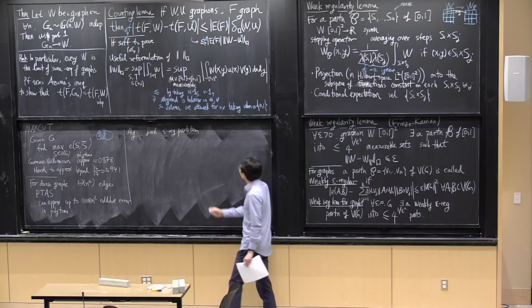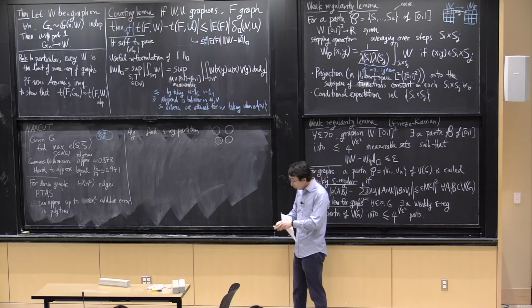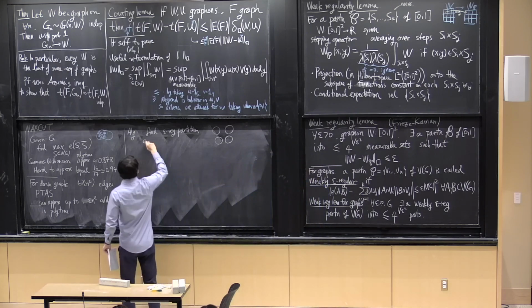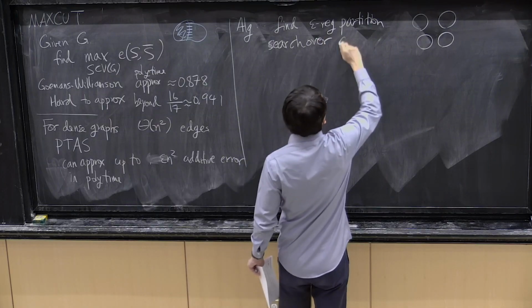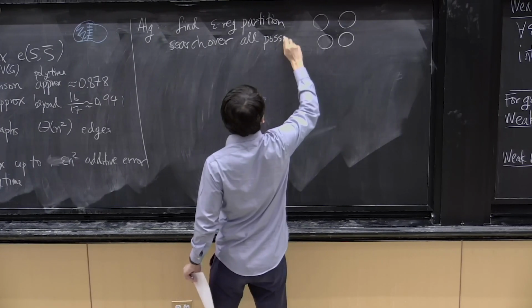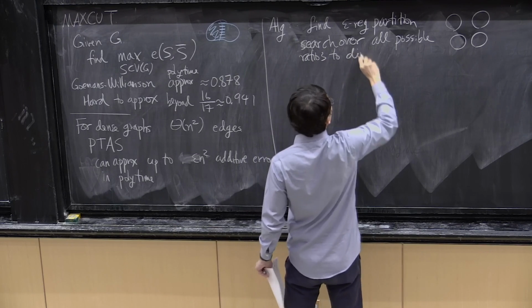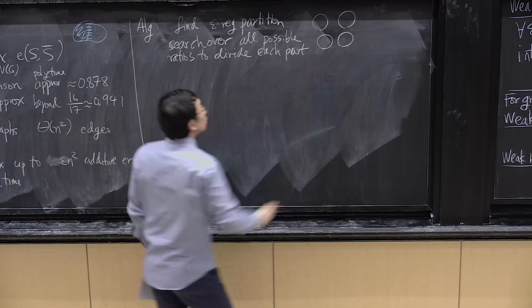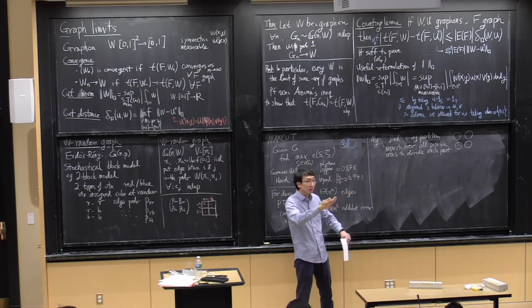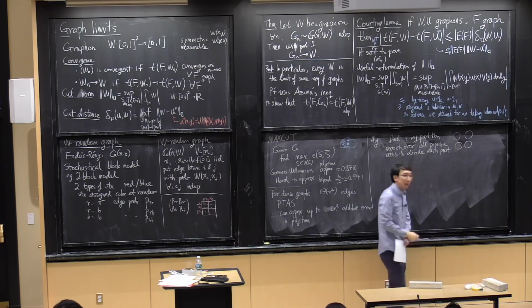The partition breaks the set of vertices into some number of pieces, and now I search over all possible ratios to divide each piece. So there's a bounded number of parts. For each one of those I decide: do I cut this up half-half? Do I cut it up 1/3, 2/3, and so on?